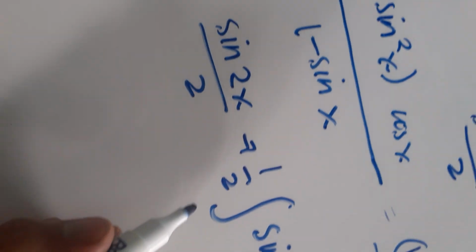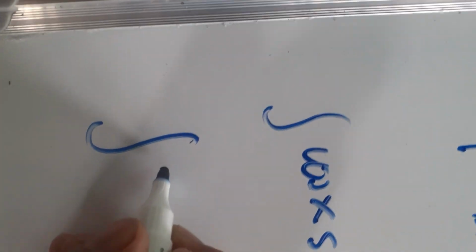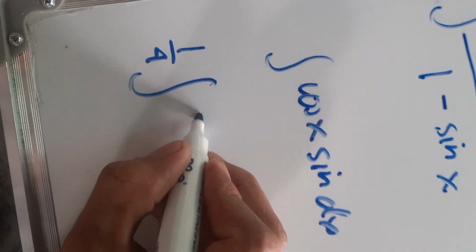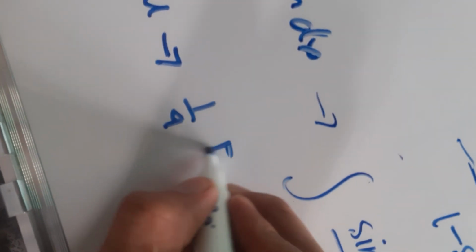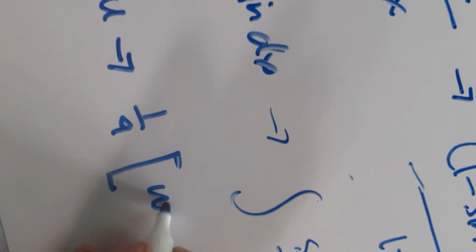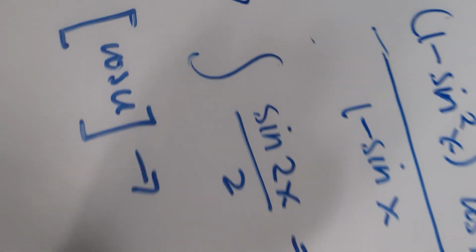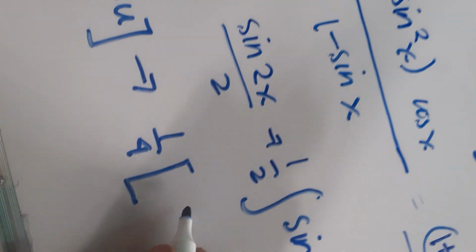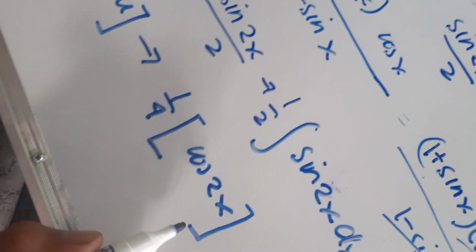So we have to divide again by 2, leaving us the final integration of 1/4 times the integral of sine u. The integral of sine u is cos u, so 1/4 cos u. Now we have to write back our u, which is 2x, so 1/4 cos 2x.